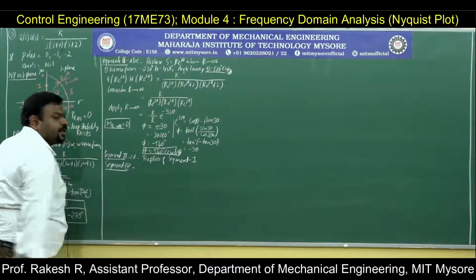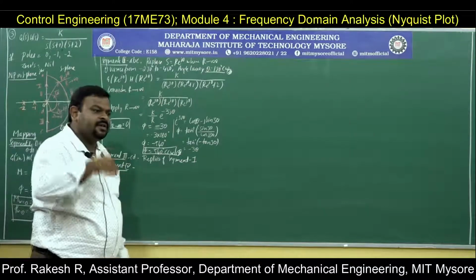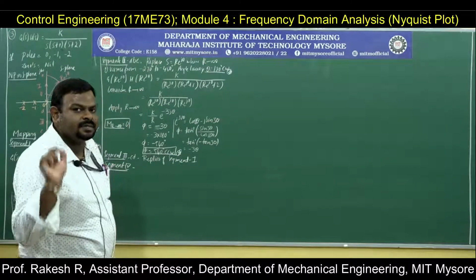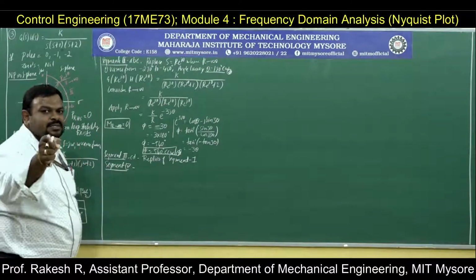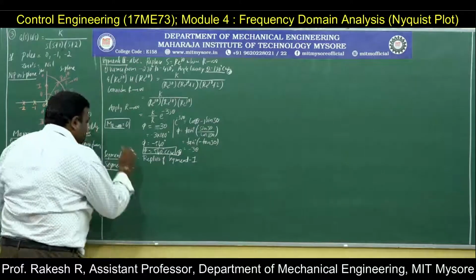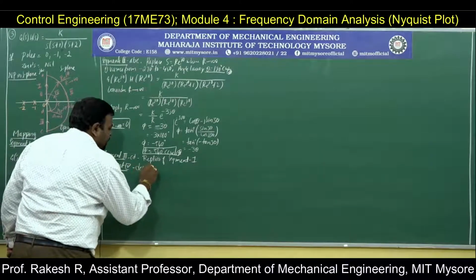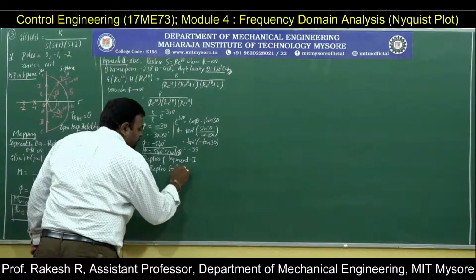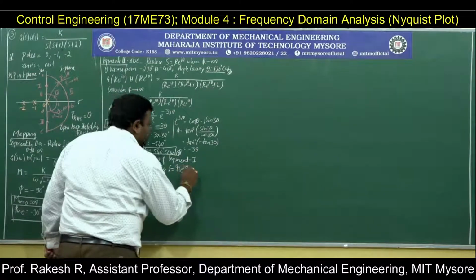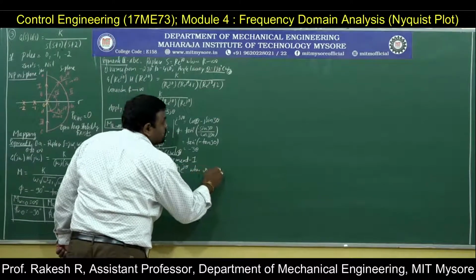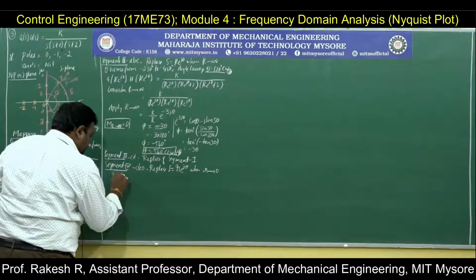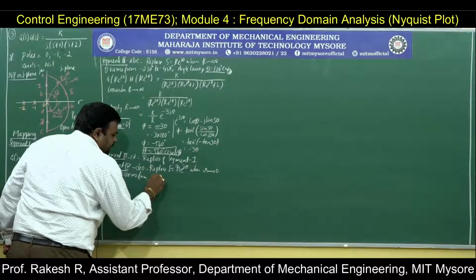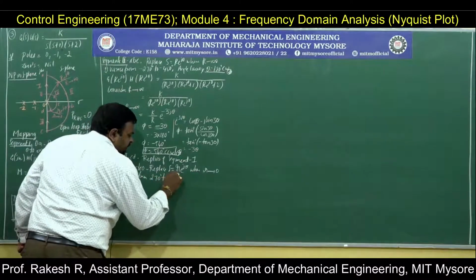Segment 4 is again a circular contour in the counterclockwise direction, but the radius will be infinitesimally small. You have taken a small bypass since there is a pole at origin. Segment 4, it is DE bow. Replace S is equal to small r e to the power of j theta, where small r tends to 0 and theta varies from 270 degree to 450 degree.